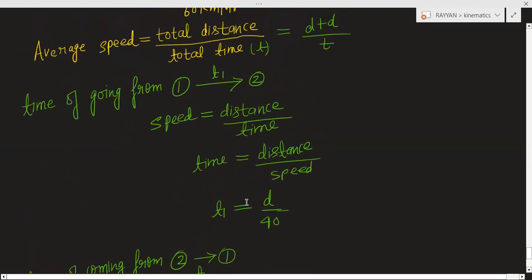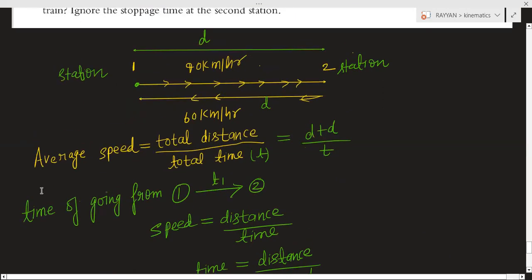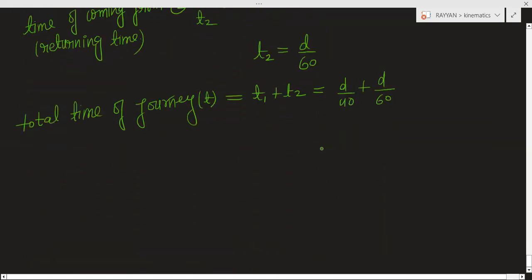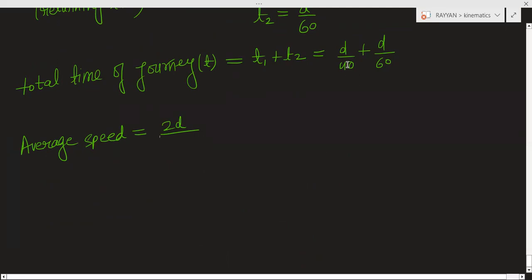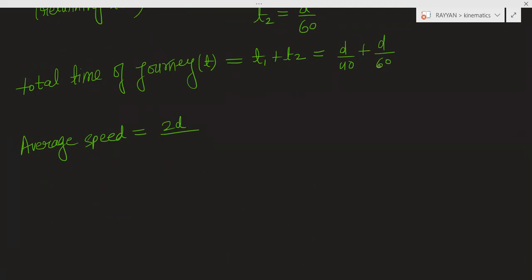Put the value of time here. The average speed is D plus D divided by T, so it is 2D divided by D by 40 plus D by 60.